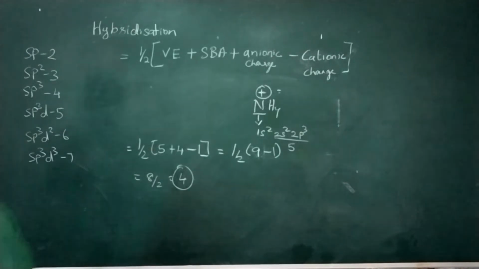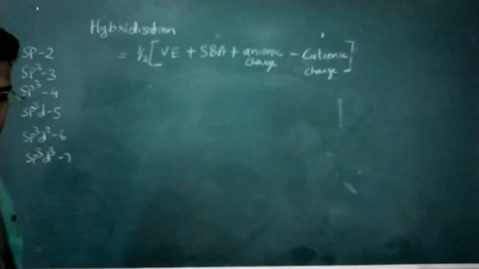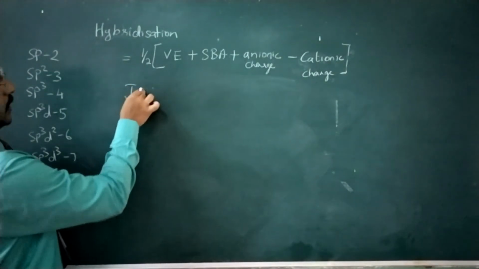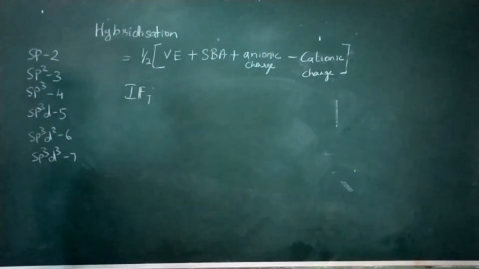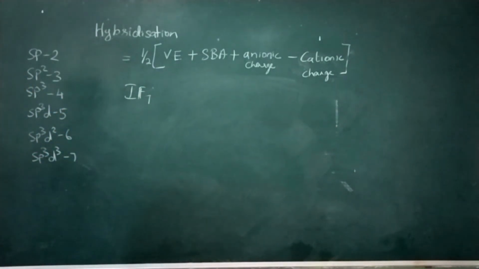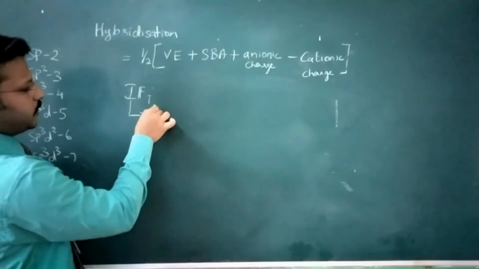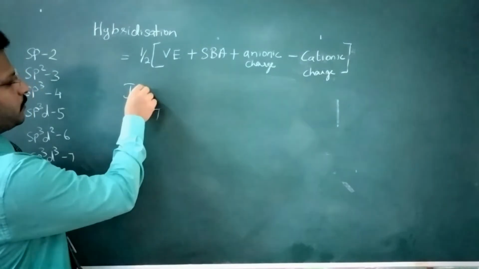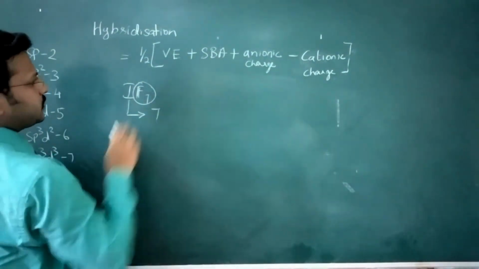Suppose I have a compound IF7, where d orbitals are also involved. How do we identify this? The number of valence electrons in iodine is 7, and 7 fluorines are attached, so the number of side atoms is also 7.